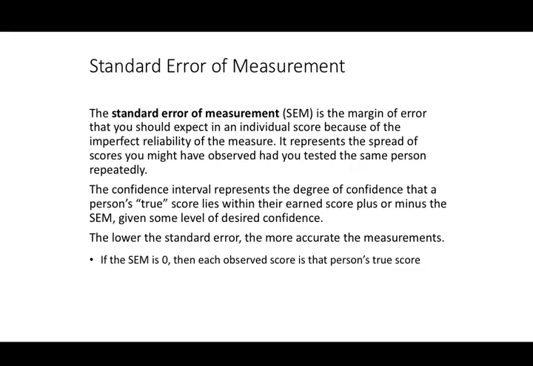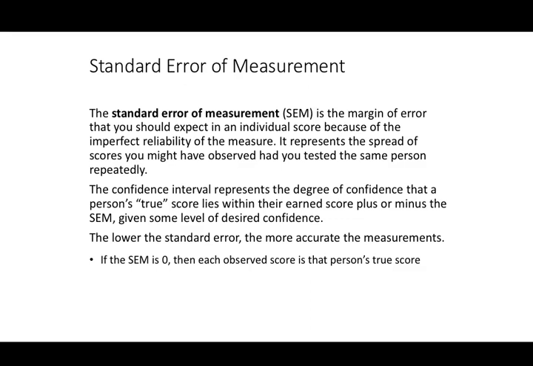The last thing with respect to reliability is understanding standard error of measurement. Each measure has a specific standard error of measurement. It basically means that if someone took a test repeatedly, time and time again, it would be the range or the spread of scores you would expect to see if that person had taken it multiple times over.